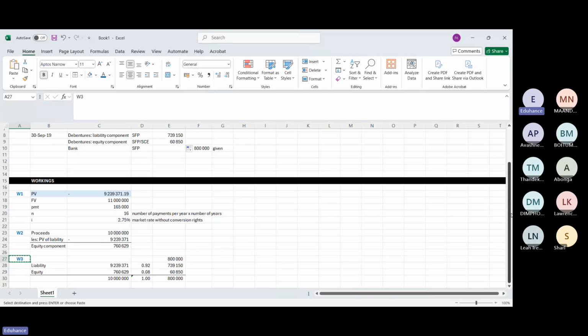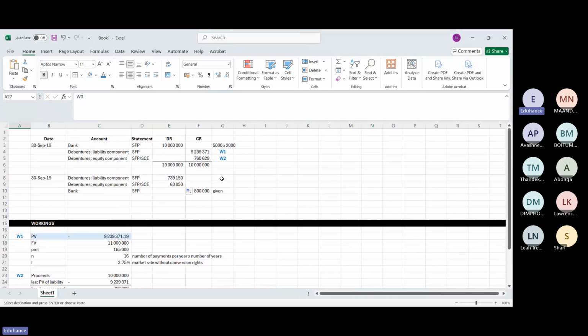Remember, the equity components can never go through the profit or loss, because owner transactions cannot go through the profit or loss statement. Owner transactions always go directly through the statement of changes in equity. Then the liability component: transaction costs relating to the liability will also be impacted by the liability. Because we're using the effective interest rate, it impacts the value of the liability. So just take note of that.